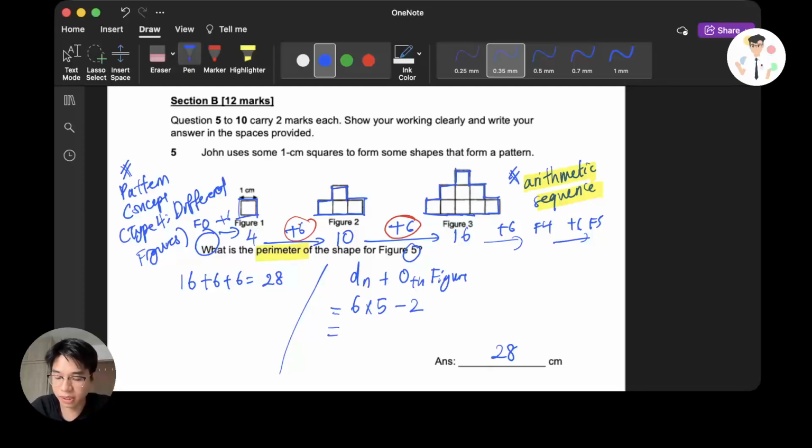So in simple, it'll be 30 minus 2, which is 28. And we are done. Again, of course, this question is a simple version, so that's why you can just do this straight away. But of course, if I change this number to be something very big, like 152, then you can't do this, right? That's why we need to always know the formula.